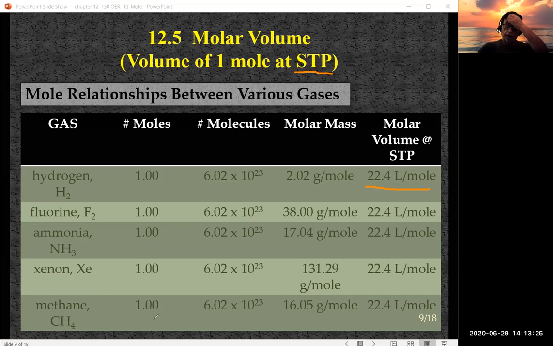Okay, and obviously we've got 1 mole of all these gases. The only difference is the molar mass, simply because heavier elements are involved for each gas, but they all share the same volume, 22.4 liters per mole, which is another ratio, keep in mind, that we can utilize to do calculations with liters in the numerator or moles in the numerator.